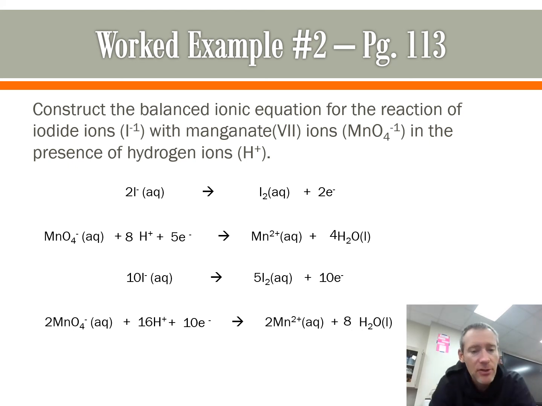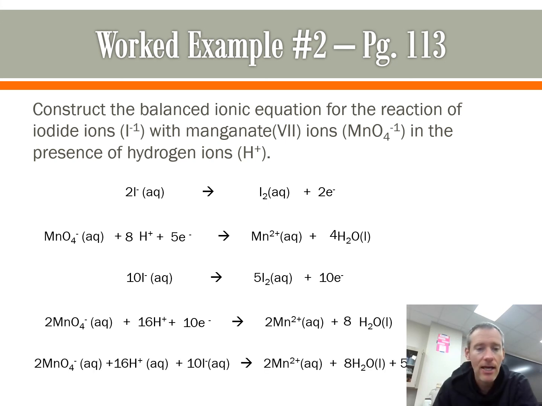Everything gets multiplied by 2, so it's 2, 16, 10, 2, and 8. Now you can see that the electrons are the same: 10 on the reactant side, 10 on the product side, so they cancel out, and you get the overall reaction. These are gone because they're the same value, one on the reactant and one on the product. So that's how you balance the half reactions when you have to add water and hydrogen.